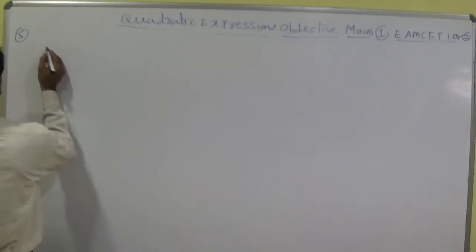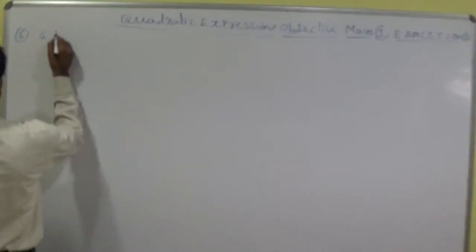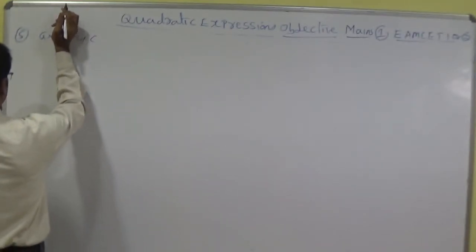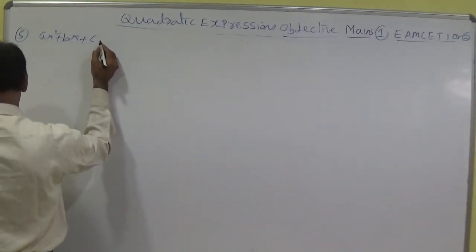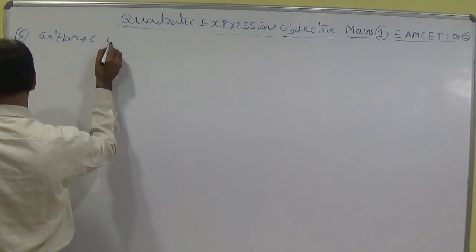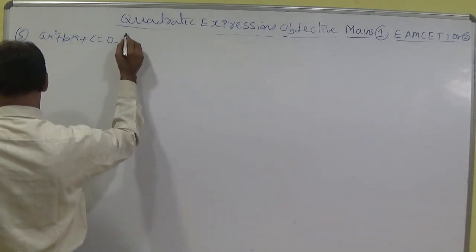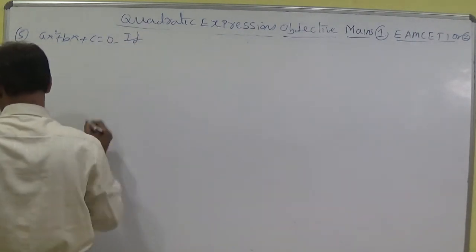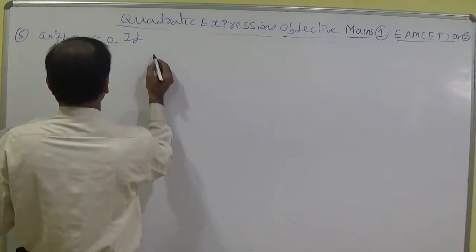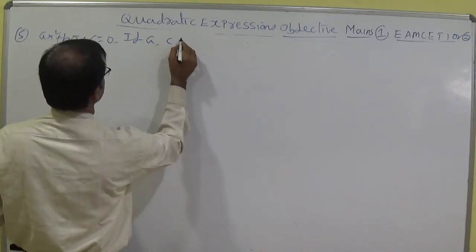And the fifth point, you write: ax² + bx + c = 0, if a, c have the same sign.